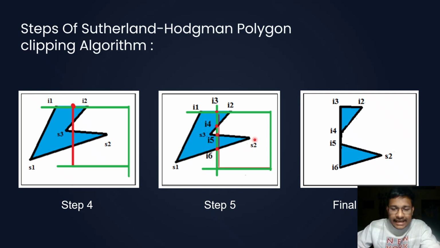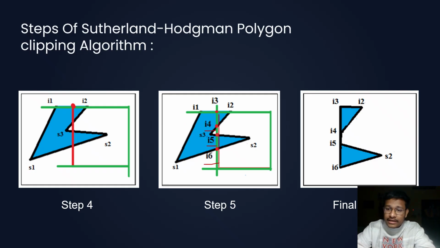Now the second, S2 to S3. The S3 will be removed and the intersection point will be named I5. Third, S3 to I2. Same, S3 will be removed and the intersection point will be named I4. So we have named our intersection points I4, I5 and I6.